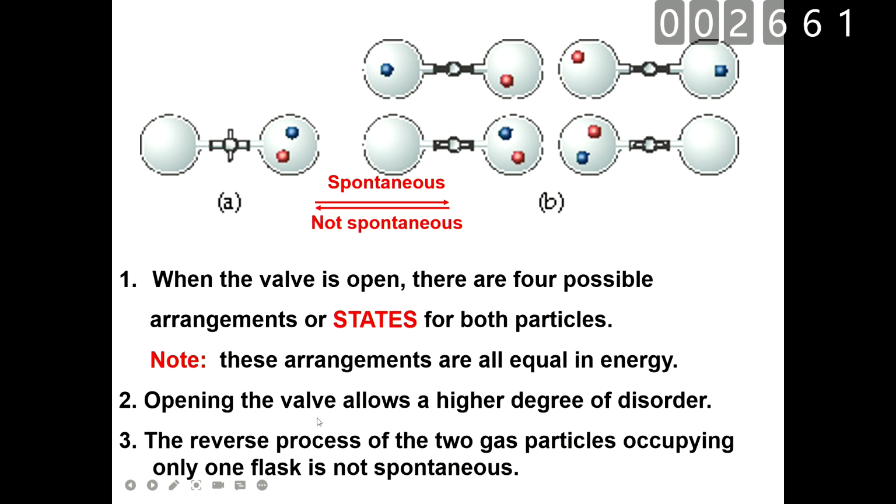Opening the valve allows a higher degree of disorder. The reverse process of getting the product in only one place is not spontaneous. Okay, now we know how to determine whether a process is spontaneous or not by energy and disorder.